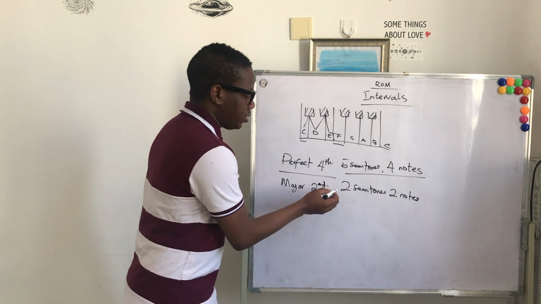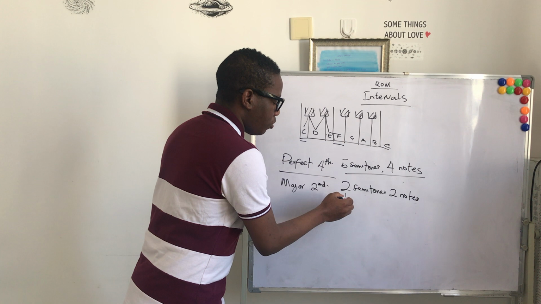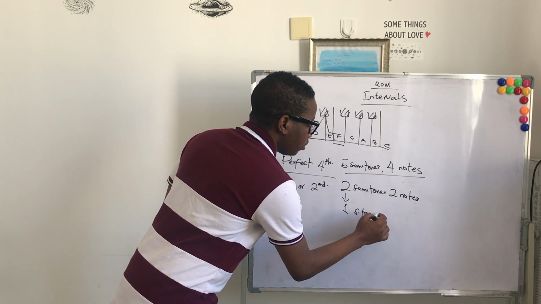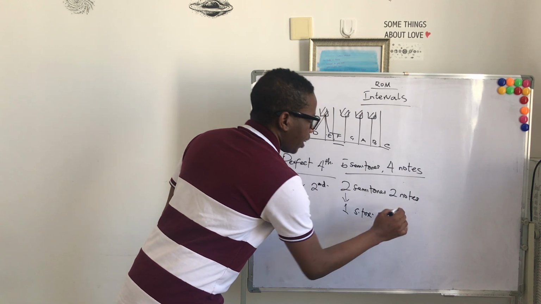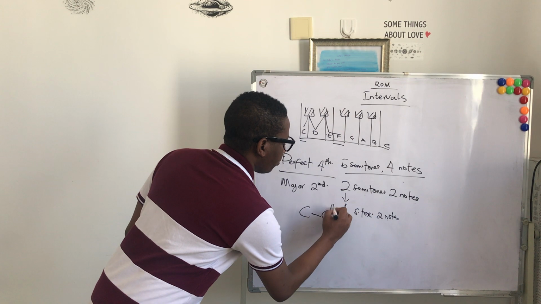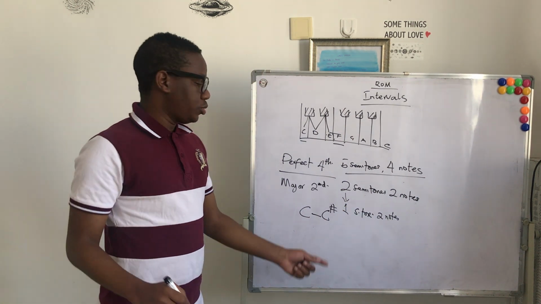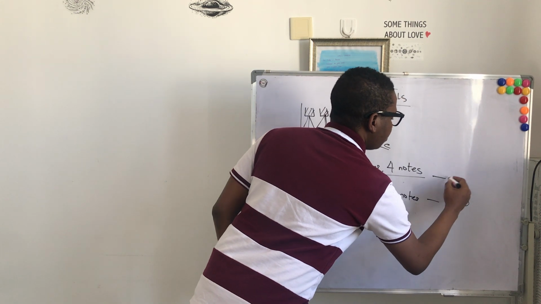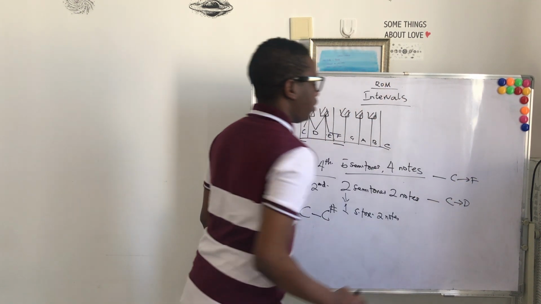If this semitone is decreased by 1 and it becomes 1 semitone, 2 notes, as in the case of C to C sharp. So we looked at C to D in this one, and C to F here.